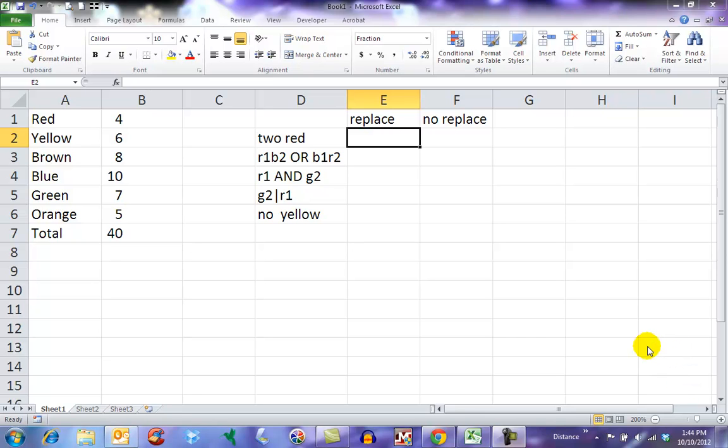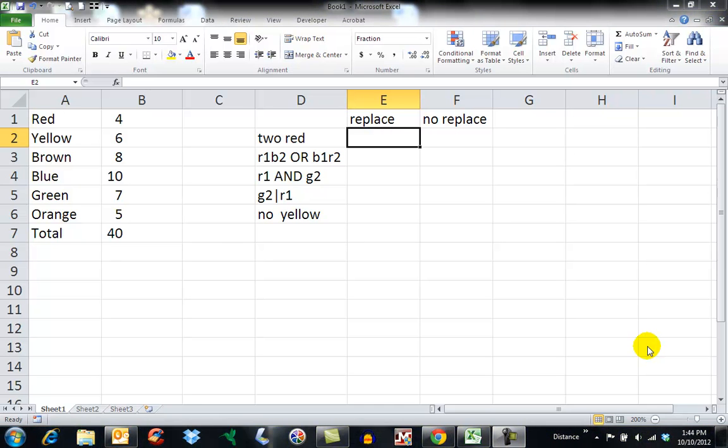So remember when we do probability, it's the number of events divided by the total number of outcomes. And if things are independent, we multiply those probabilities together.